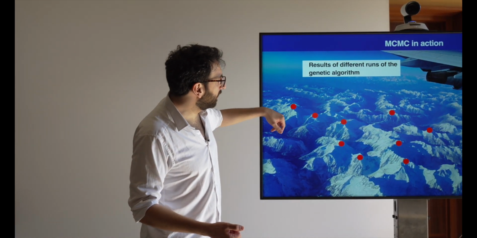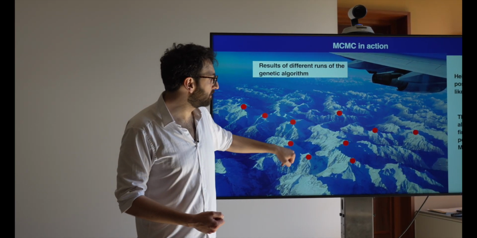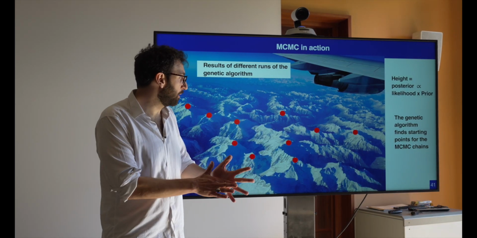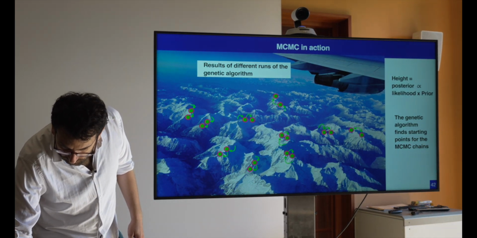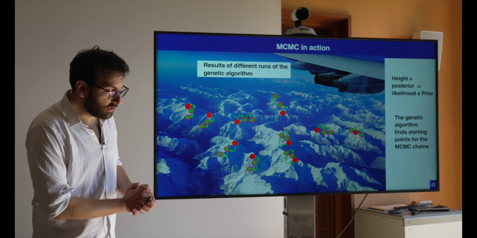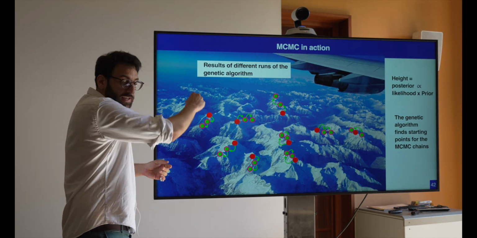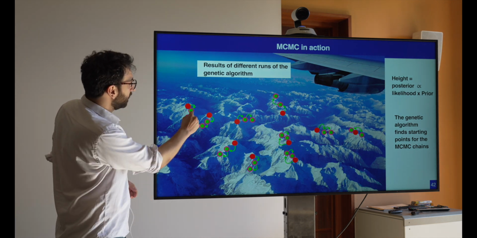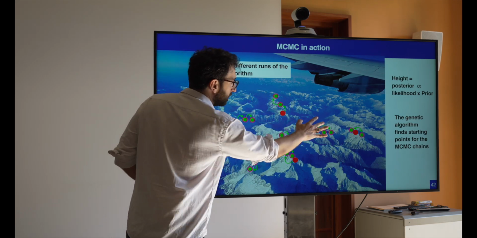The genetic algorithm is going to be good at finding locations which are near the peaks of the likelihood landscape. And from each of these starting points, we can start an MCMC chain. So you will have an MCMC chain exploring this peak, this peak, this peak, this peak, this peak.